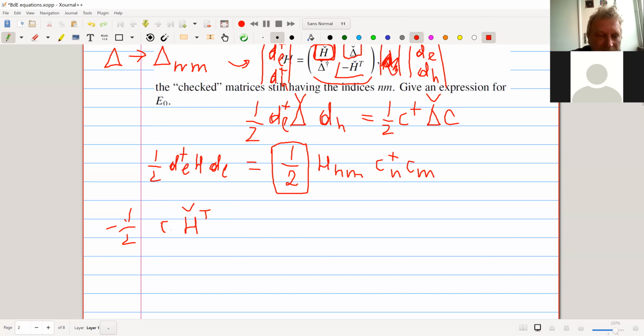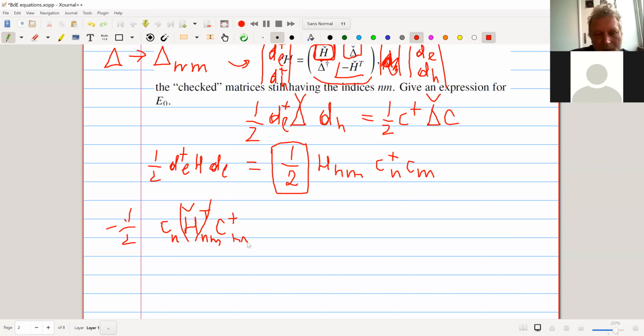So I write C here, and C conjugated here. Let me restore indices. Good.